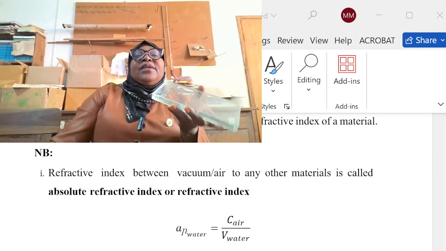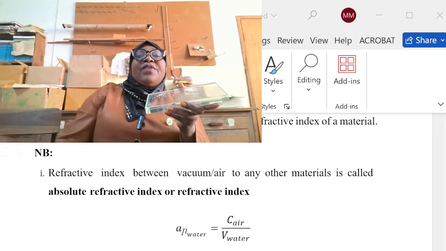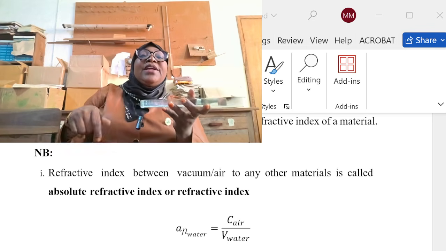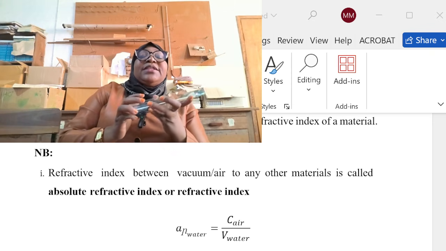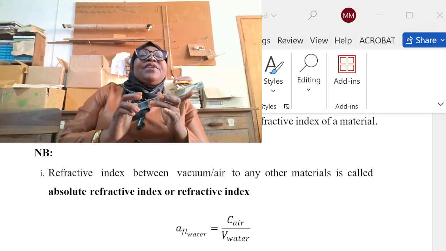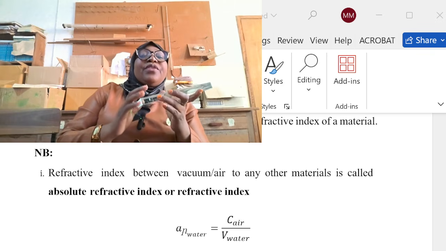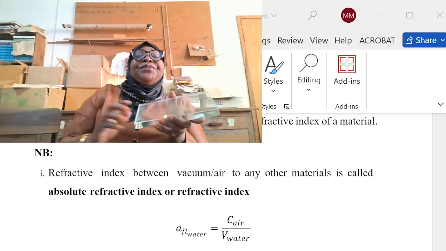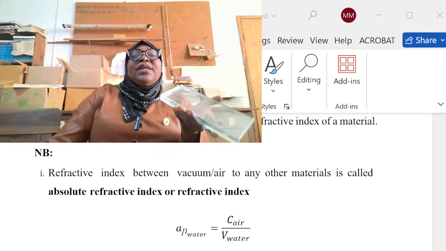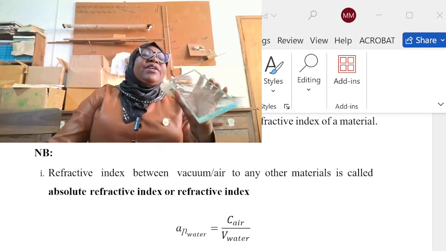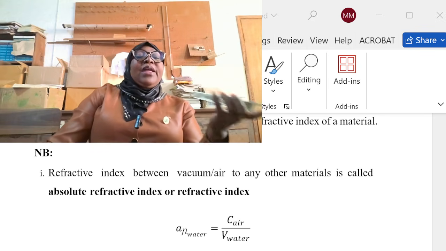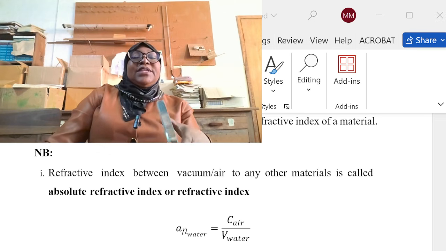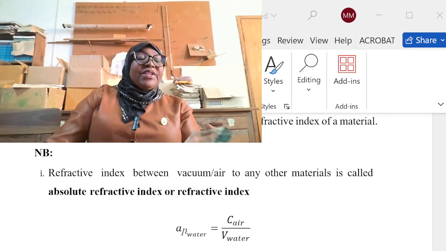Note that when we take the speed of light in vacuum or air to the speed of light in that medium, that is known as the absolute refractive index of that medium or material. If you need to find the refractive index of water, you just take the speed of light in air divided by the speed of light in water.